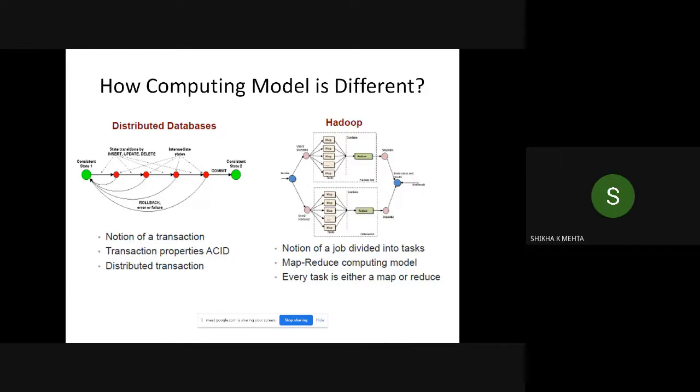So they work in isolation, as if only one transaction is occurring, right? And durability? Ma'am, changes made will be permanent. Whatever changes were made successfully, they will be permanent.